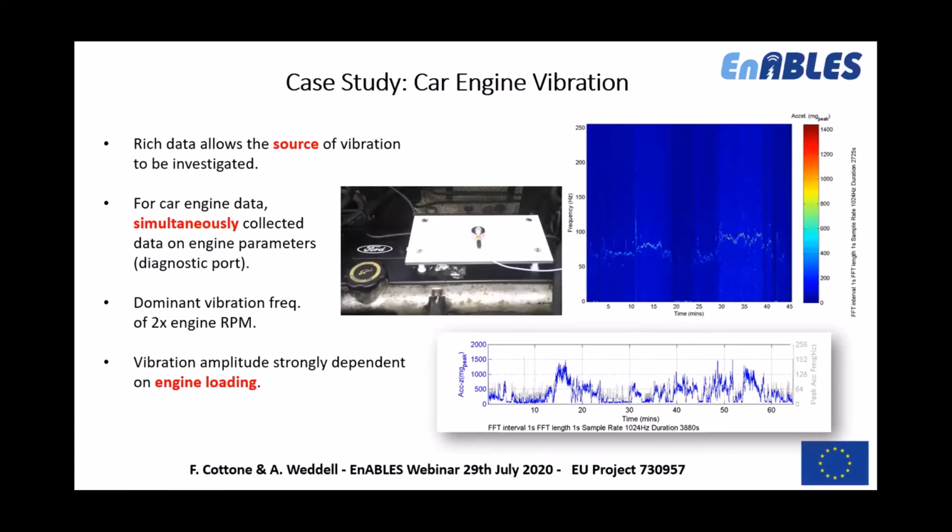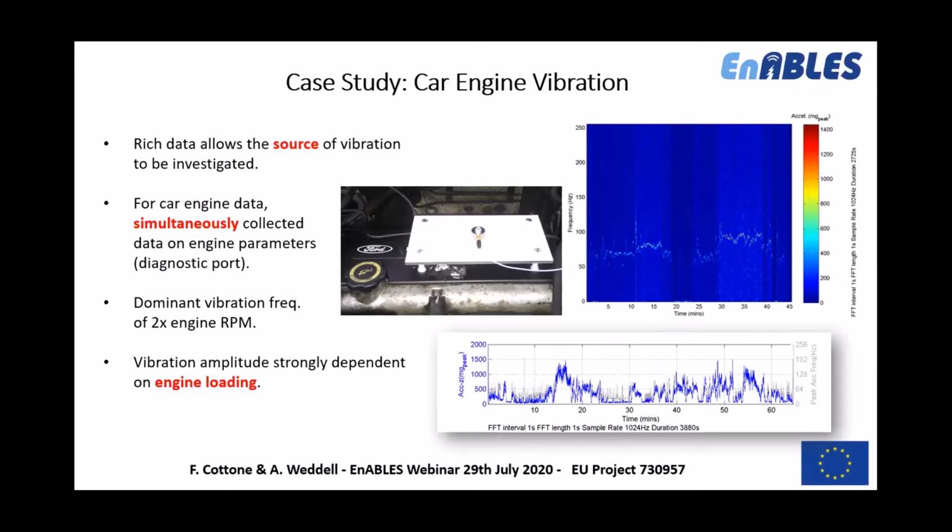So this is one of the test setups we use. We bolted an accelerometer to the top of the engine, and on the right-hand side, you can see the trace of vibration on the engine. This is a 45-minute drive in a mix of road conditions. A unique feature of the data that we've collected, though, is that we've simultaneously collected data on engine parameters during that drive.